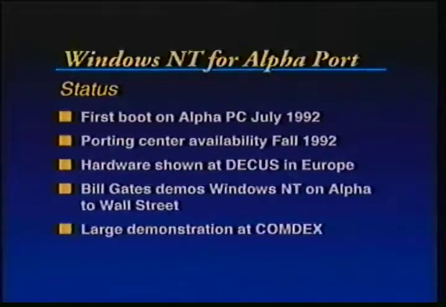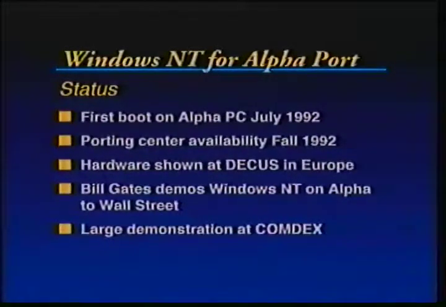We got the first Alpha PCs out to the porting centers back in the fall of 1992, and many of the Alpha migration centers are already actively working with our third-party developers to port their applications over to NT on Alpha. We've had the hardware shown at DECUS.